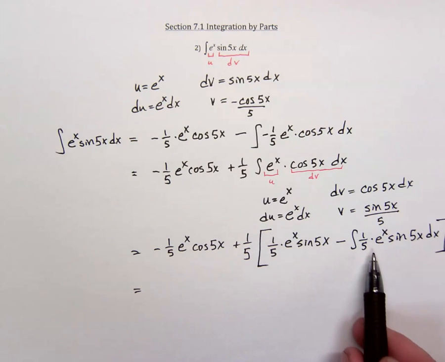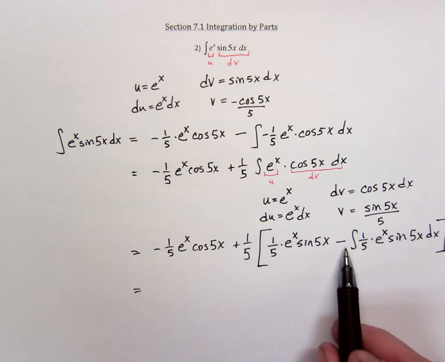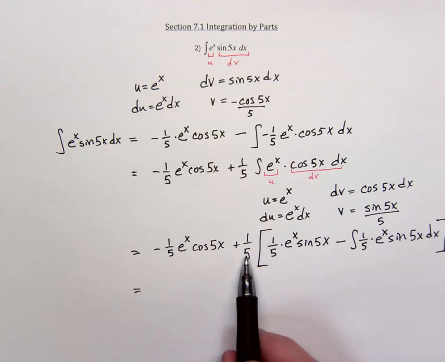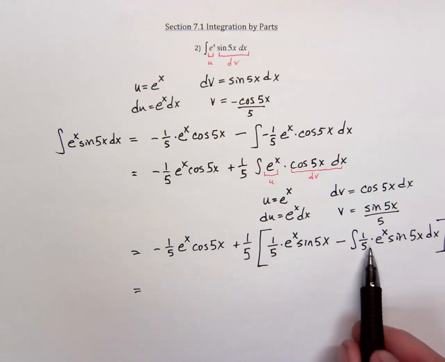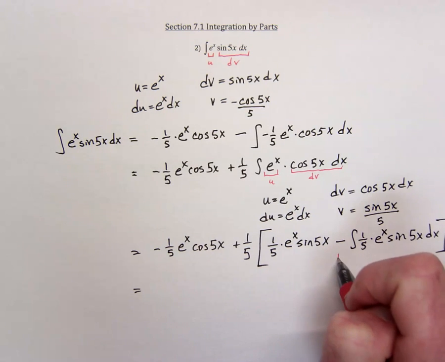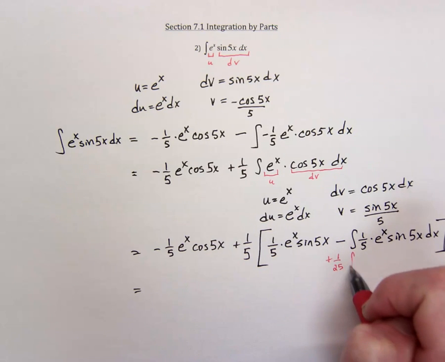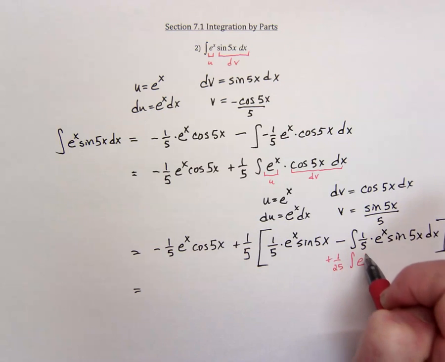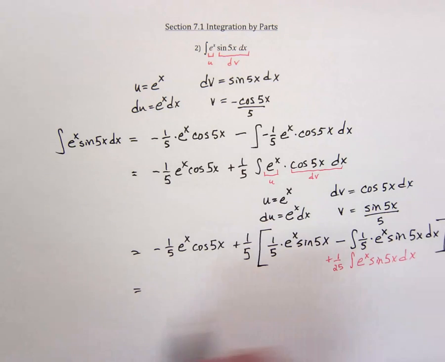Okay, so here's what I was talking about. The original integral has reappeared, but it's now got a negative 1/25th attached to it. So notice that there's this 1/5 and this negative 1/5. That means that we need to add 1/25th of this integral to both sides of the equation.